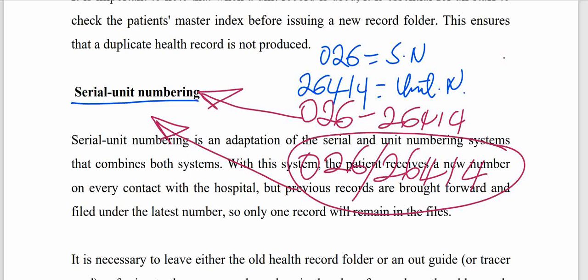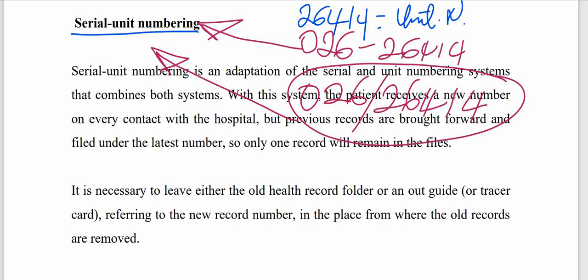Okay, which means every time a patient comes to the facility, you must first of all assign a serial number. You must assign it. So if a patient comes and a patient is number 161, you must assign this, because the number keeps changing every time a patient comes to the facility.